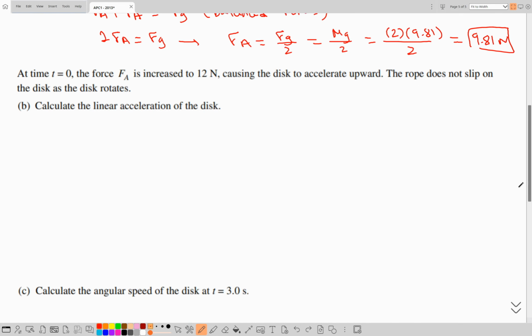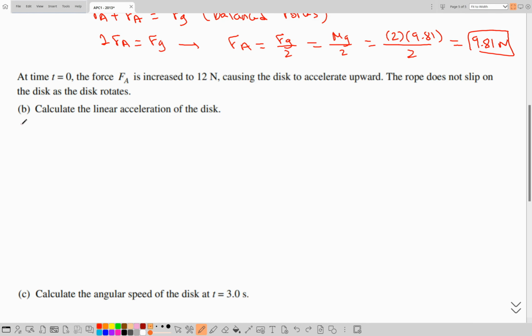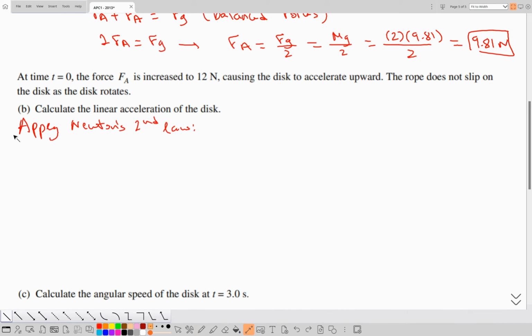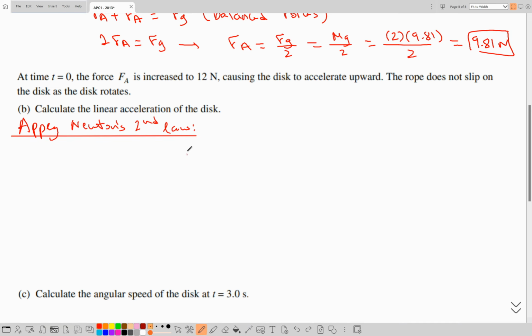Alright, so now let me start by applying Newton's second law for translation. Here what do we have? We have that the sum of forces is equal to ma. What are the different forces acting on the disc? We have the pull of gravity plus the tension force plus Fa on the right rope, given by ma.